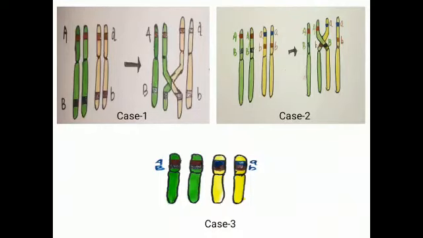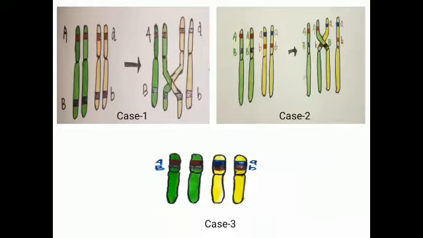Now look carefully at these 3 pictures. In this whole picture you can see there are 3 cases. Just like the color circles exchange their parts, here also we observe the same thing.